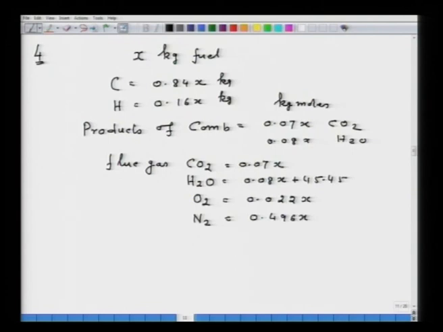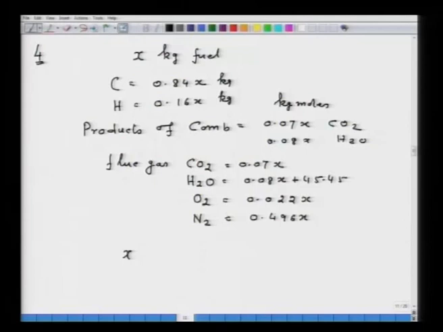Now, one has to again do the heat balance, heat input and heat output. Well, this heat input and heat output I already did in problem number 3. So, if you balance both, then the only unknown will be x, and this x will come out to be equal to 144.4 kg.